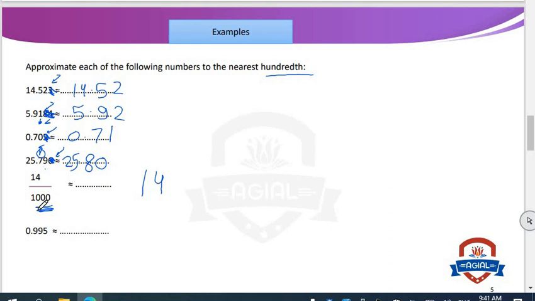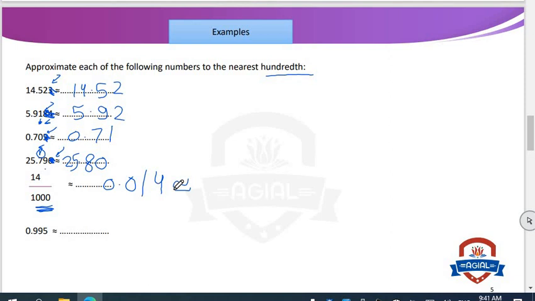And 1000 has 3 zeros. So we put decimal point after 3 digits from the right to the left. Okay, 1, 2, put 0.0. Okay, this 14,000.